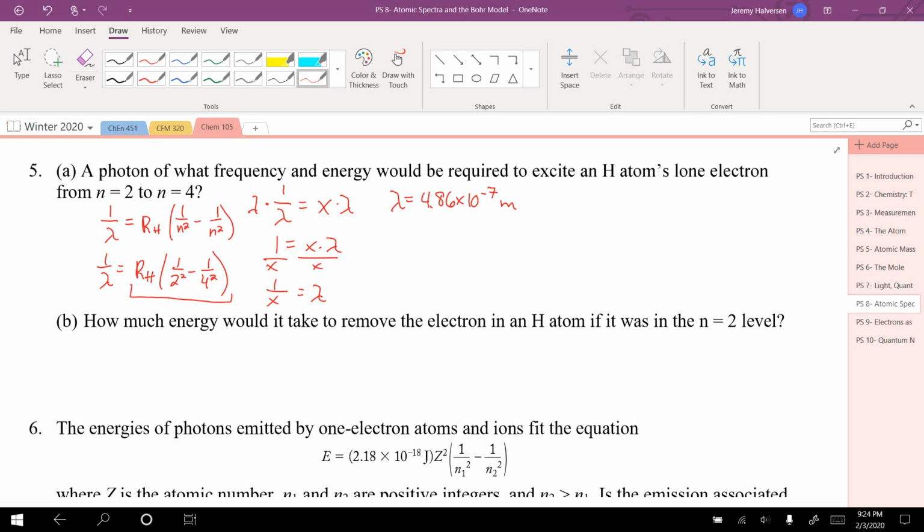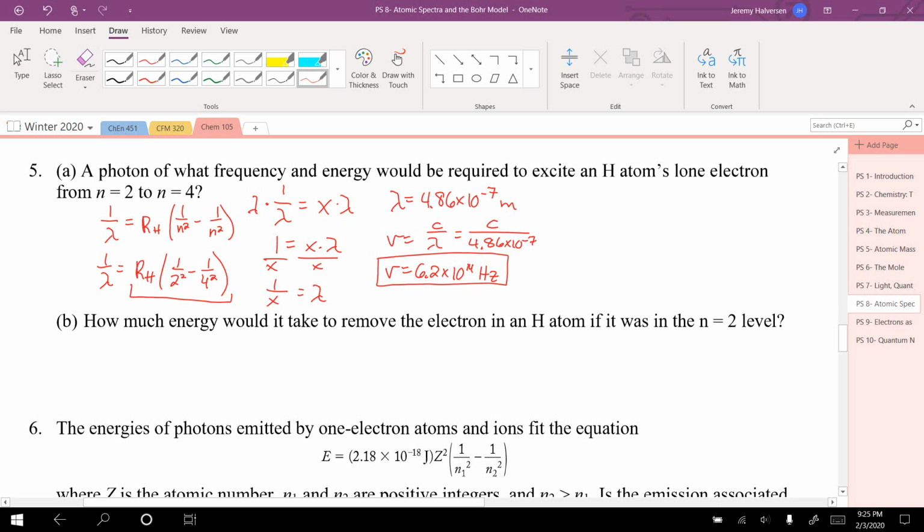But I want the frequency and energy, so then I would just say, I know frequency is c over wavelength. So if I do c divided by that answer, I should get a frequency of 6.2 times 10 to the 14 hertz.